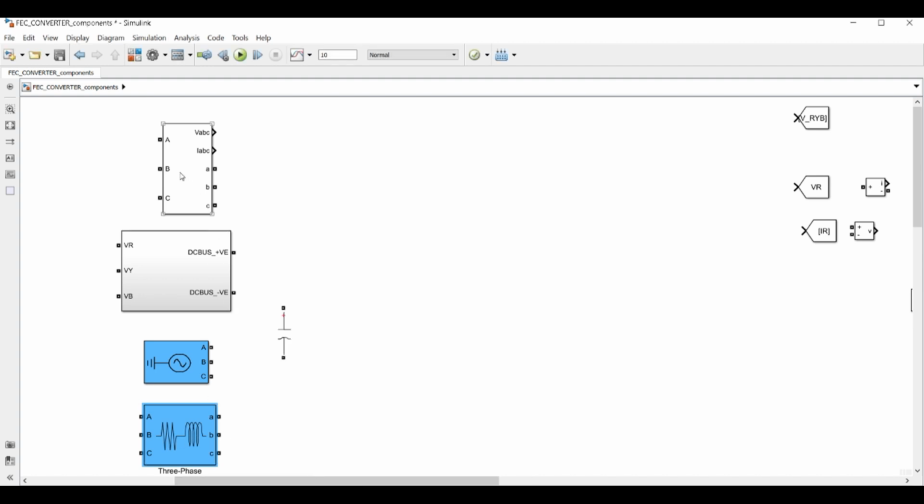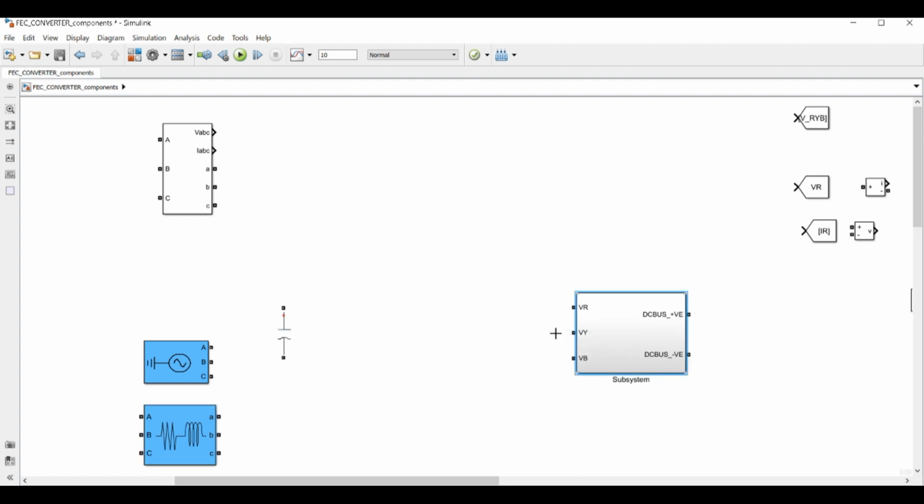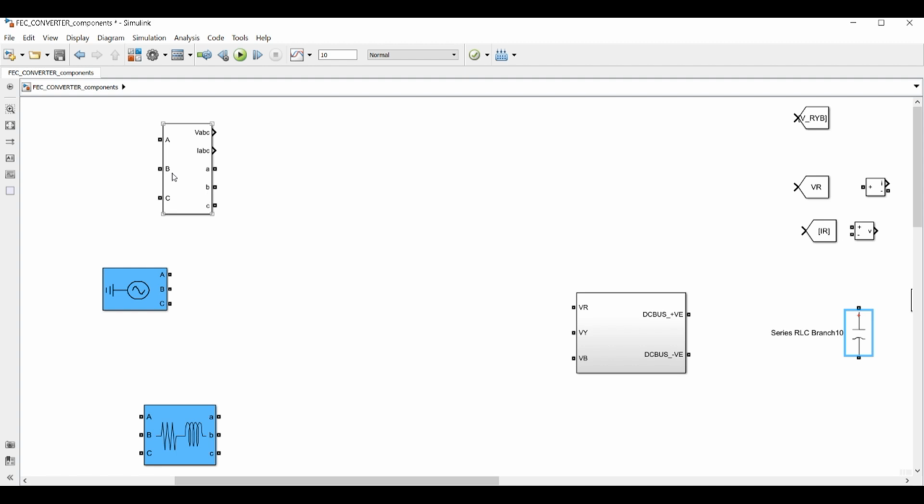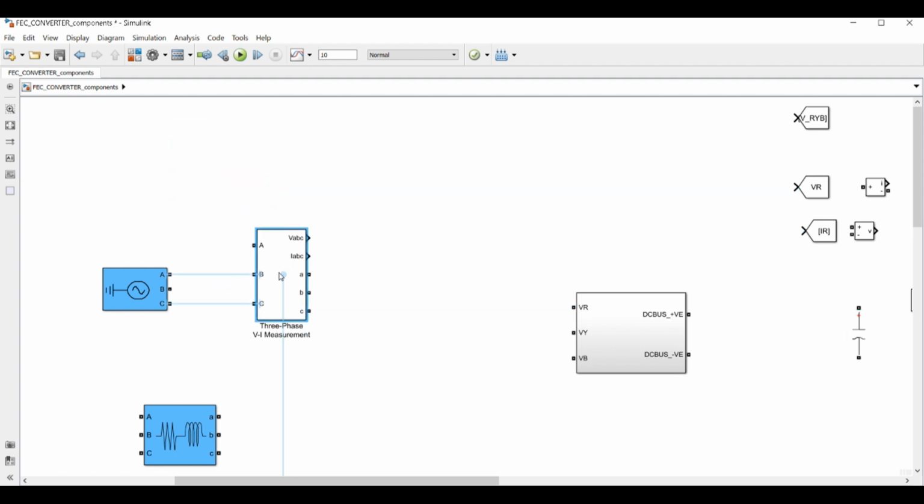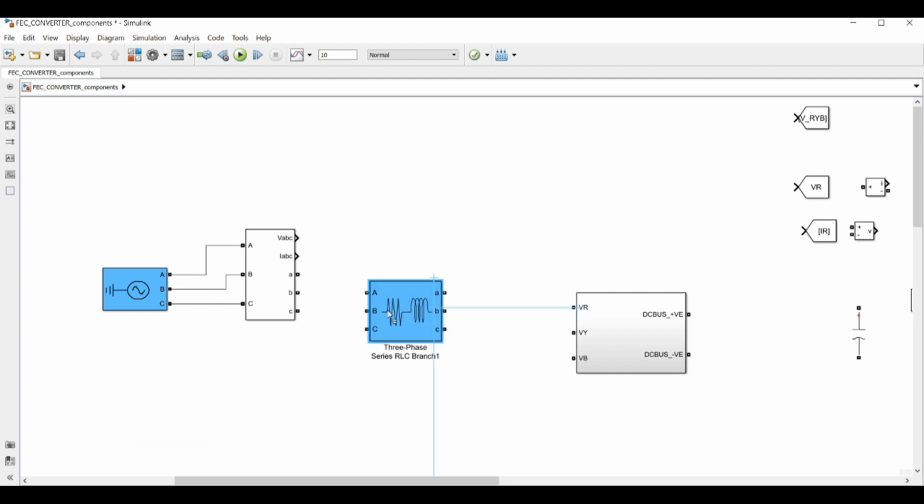Okay, so we will now be placing them one by one. First we will place the 3-phase AC source. We will place the measurement block. So A will go to A, B will go to B, and C will go to C. And then we will place the RL load, the grid side RL, this is not the load.